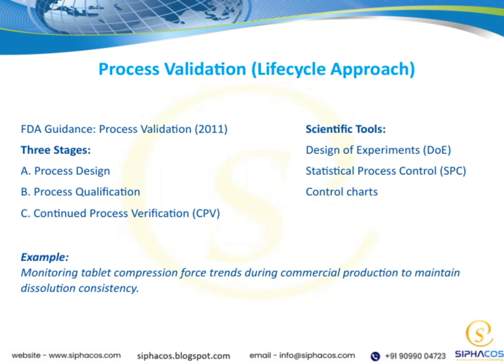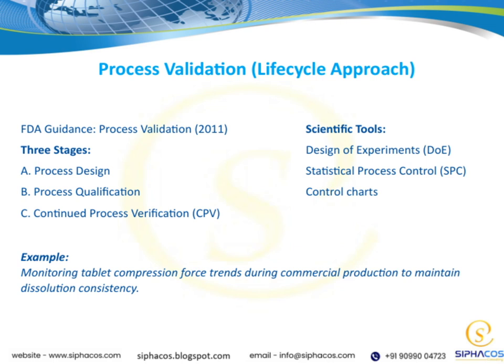Process validation, especially when approached through a lifecycle perspective, ensures that our manufacturing process remains consistent and reliable from start to finish. The FDA's guidance on process validation from 2011 emphasizes this comprehensive, three-stage approach. The first stage is process design, where we develop and understand the process.